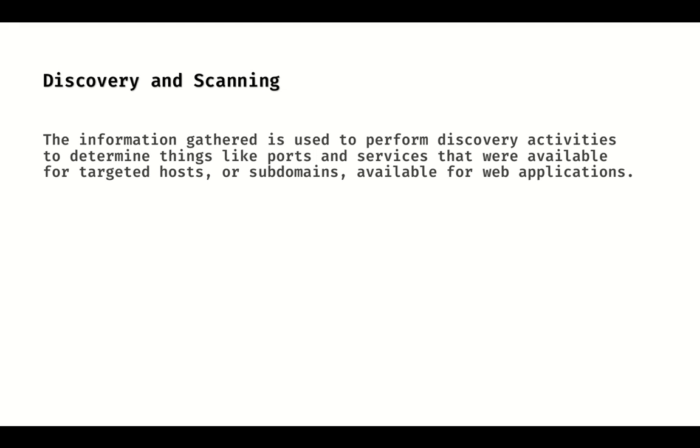So you need to encounter that system physically before you can go ahead and hack it, or do some social engineering. So the information gathered is used to perform discovery activities to determine things like ports and services that are available for network targets, or subdomains available for web applications. I've said something related to that.